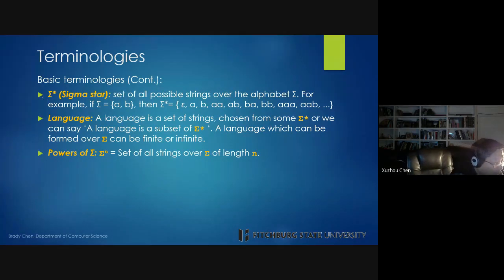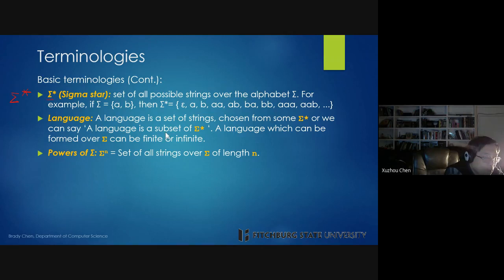Now, suppose sigma is an alphabet, and we write sigma star. We use sigma star to represent the set of all possible strings over the alphabet sigma.